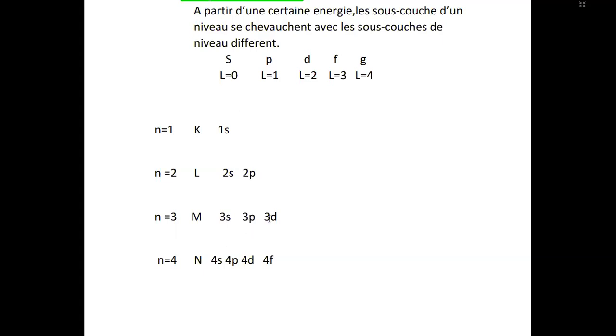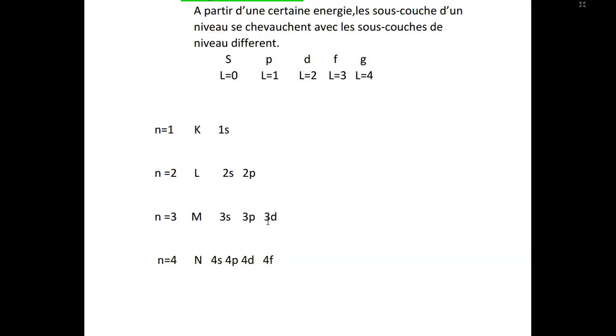Now the problem comes in. 3d, we said d corresponds to L equal to 2, so 3 plus 2 gives you 5. So how do you deal with this one?